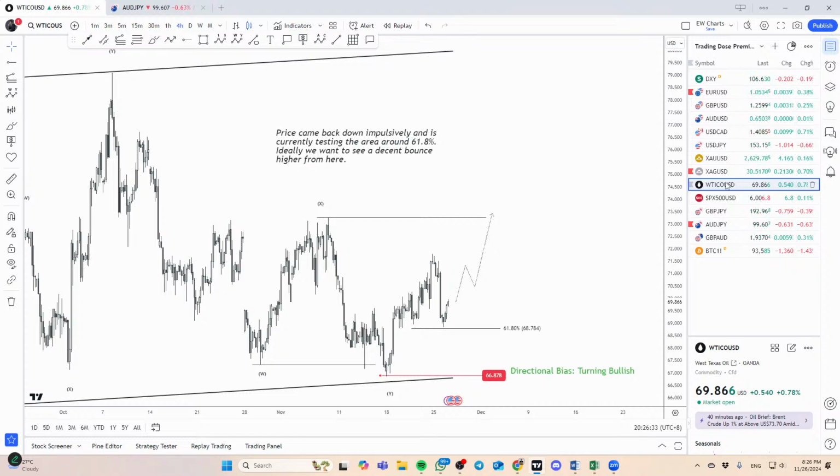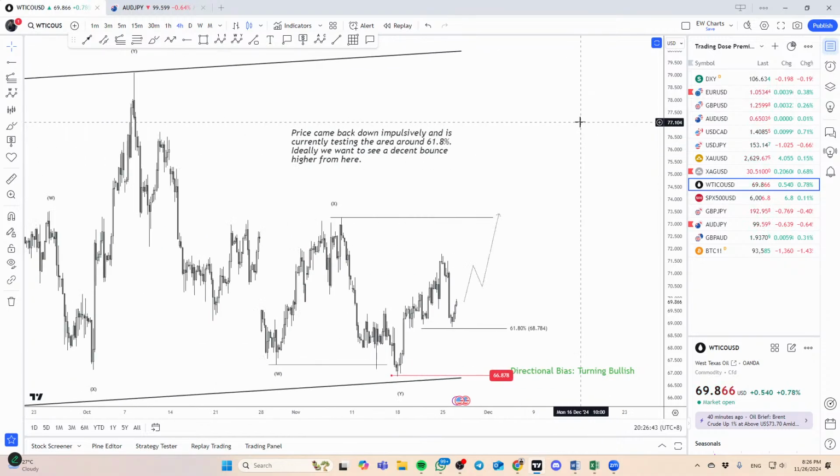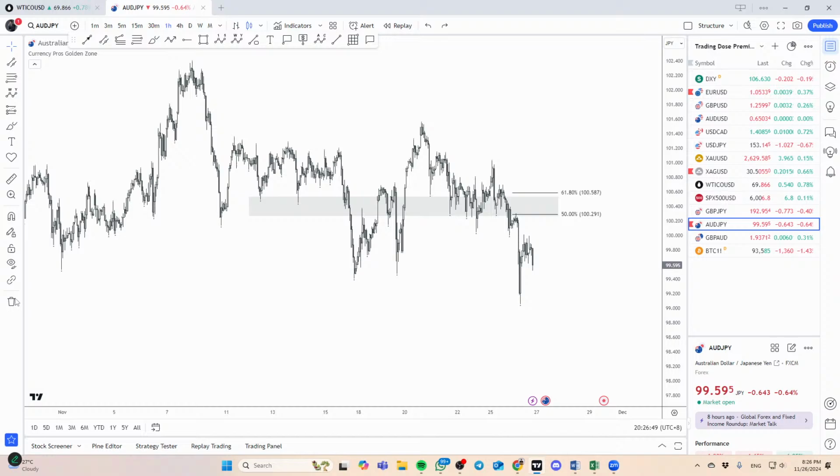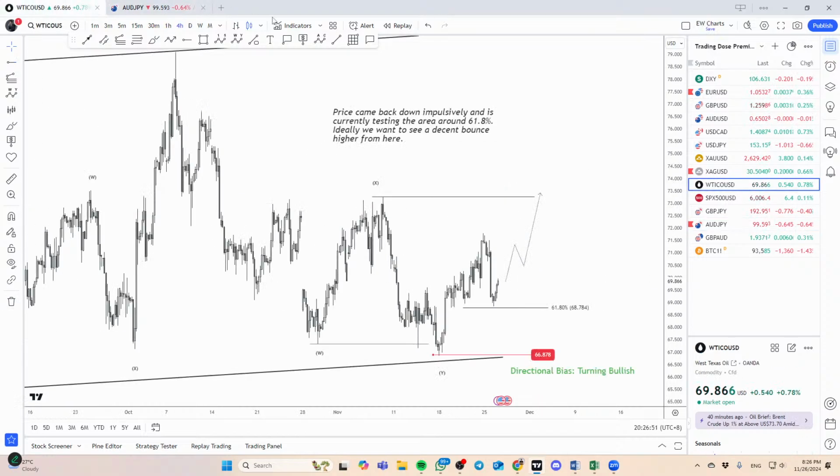Jimmy asks what I use now, still Elliott Wave or Elliott SMC? It's still primarily Elliott Wave. The SMC aspect is just an element of structure, very simple concepts and principles behind that, like breaking highs and lows as an added layer of confirmation.